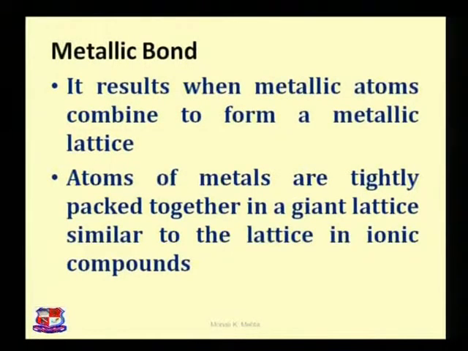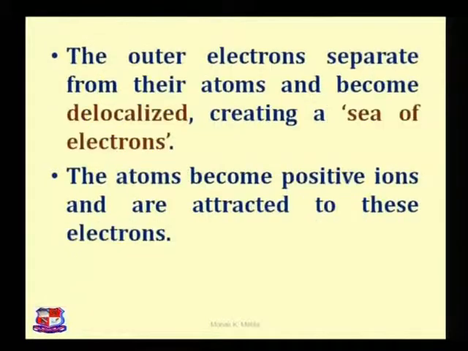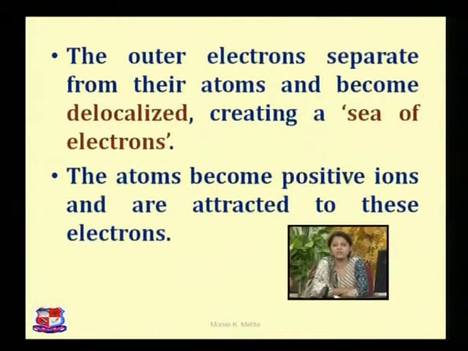Atoms of metals are tightly packed together in a giant lattice similar to the lattice in ionic compounds. The outer electrons separate from their atoms and become delocalized, creating a sea of electrons. In a metallic bond, there is one valence electron which can be lost easily, and we can call it a delocalized electron, which easily moves in the metallic lattice.